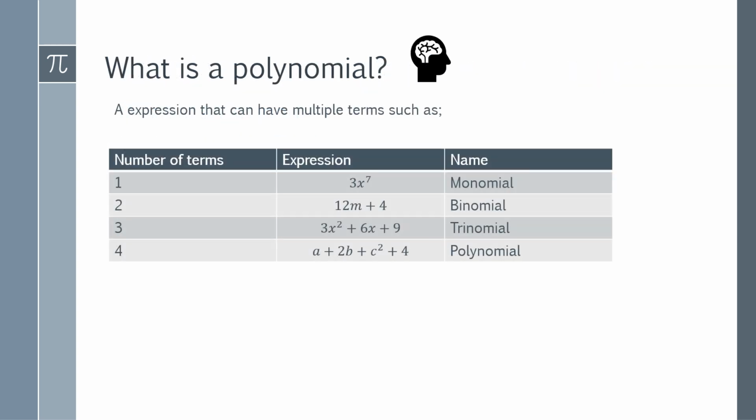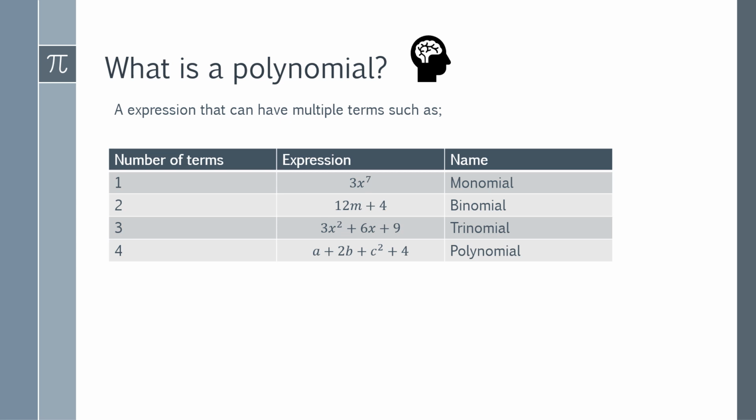Alright, so before we go anywhere into the lesson, we have to know what a polynomial is. A polynomial is an expression that can have multiple terms, such as what you see in the chart. It could have one term, which is a monomial. It could have two terms, which is a binomial.